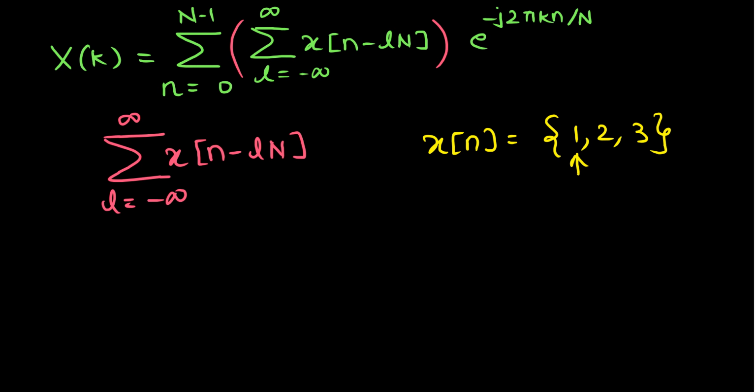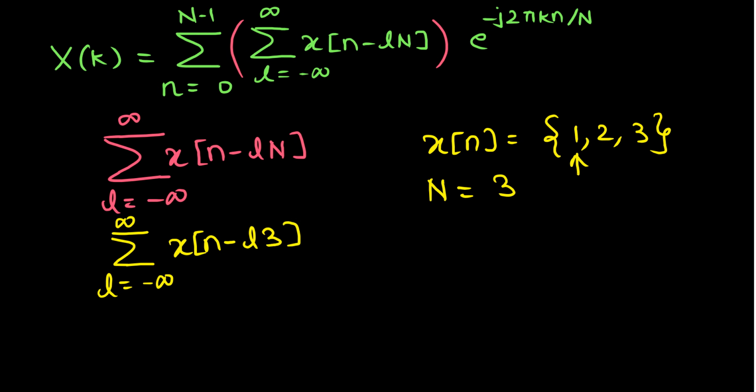And let's say the value of this n is equal to 3. So what we have is summation L equal to minus infinity to infinity x of n minus L into 3.